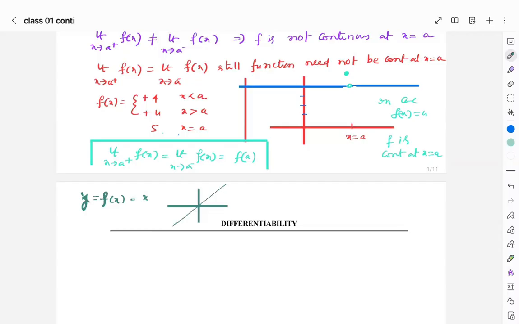Generally, many of you know that we can draw a straight line, but y equal to x also may be a discontinuous function. How? Take f mapping from the set 1, 2, 3 to R, with f of x defined as x.